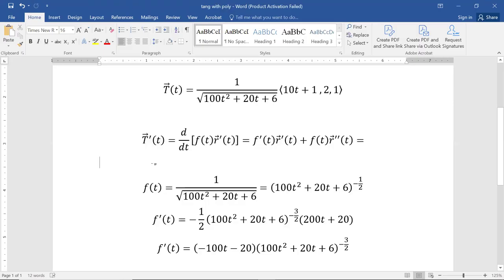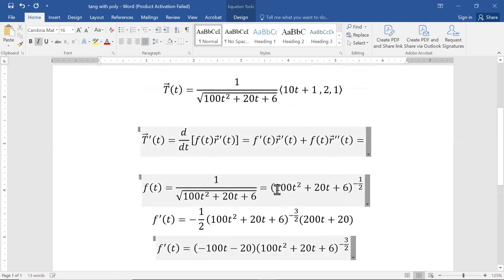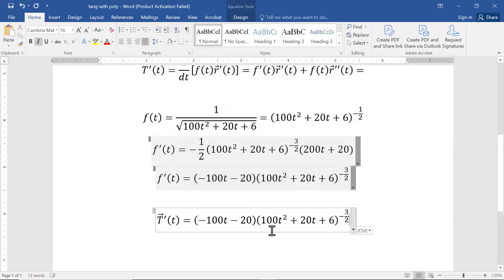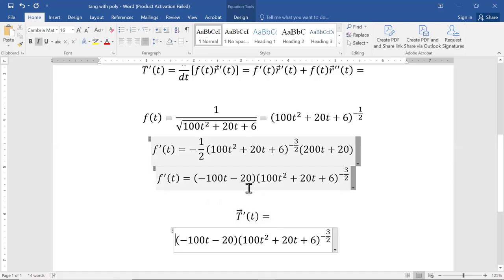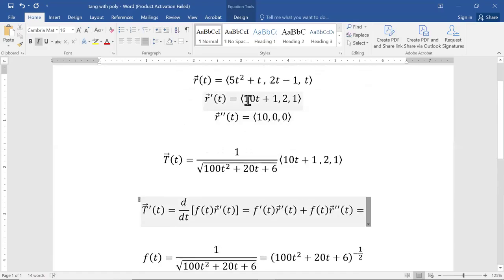That means if I want to find T prime of t, the derivative of my unit tangent, I have to take f prime, this whole mess, and I need to multiply it by r prime, which is 10t plus 1, comma 2, comma 1. Let's go ahead and do that.